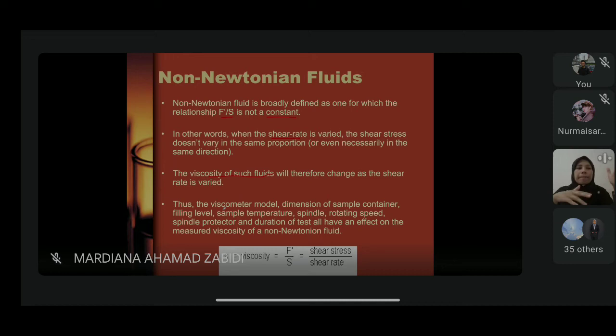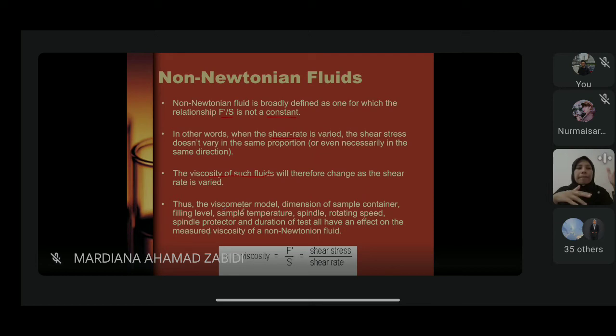You cannot say, today I want to use a 250 ml beaker and fill 100 milliliters of my liquid, and the next day I want to use a 100 ml beaker and fill 50 ml. You cannot. It must be consistent in terms of the volume of the beaker or the cup that you are using. Even the volume of the sample that you put into that beaker must be consistent, so that your measurement is reliable. The value that is given is reliable.